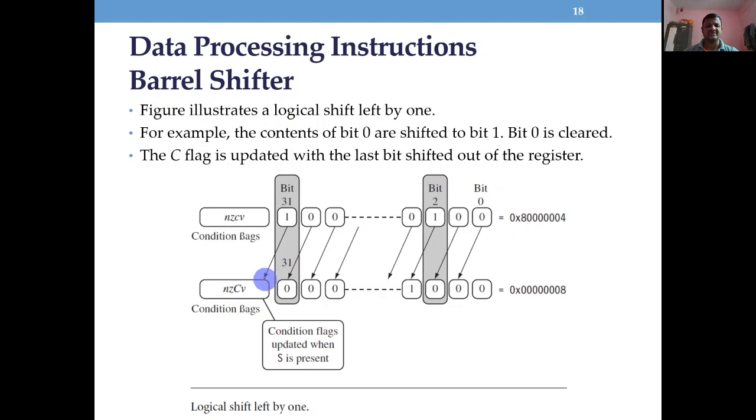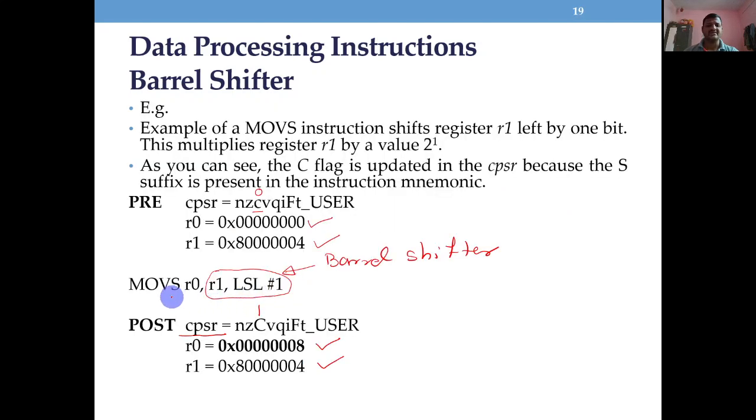This update is indicated with the suffix S. If you use it without S, it will not update your CPSR. The CPSR remains in the same condition as before the instruction executed. If you want to update the CPSR, you have to append the S suffix.